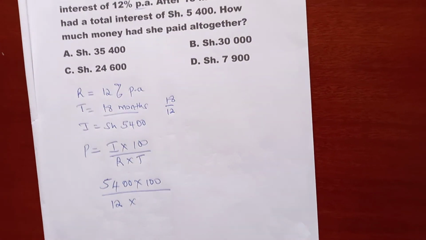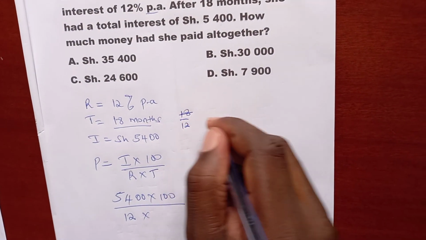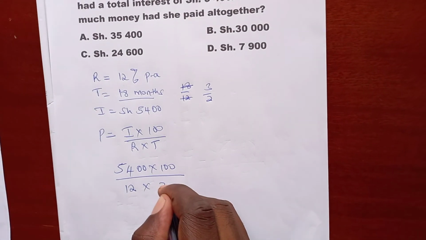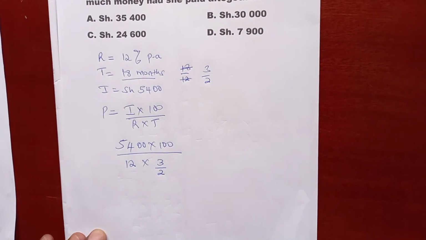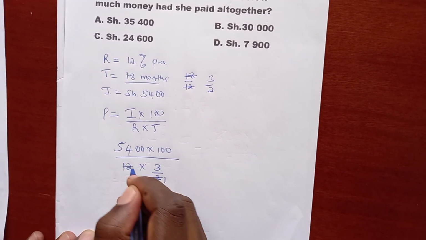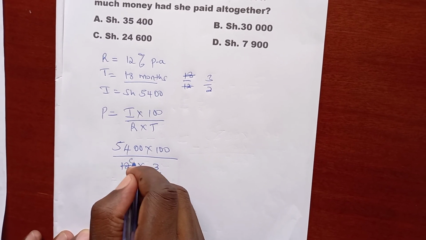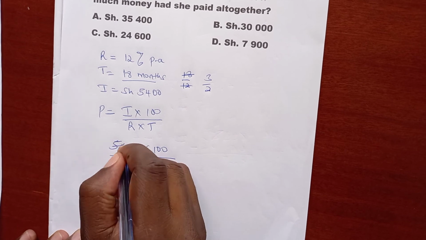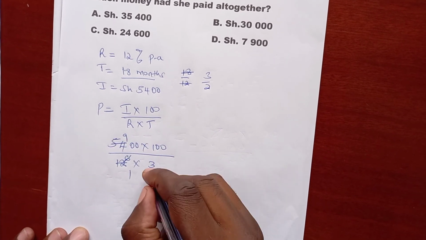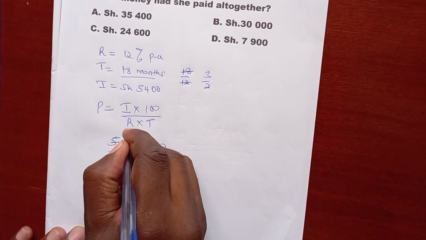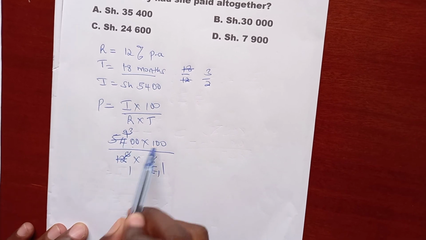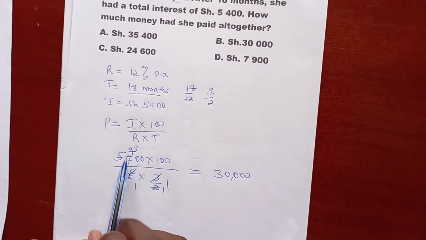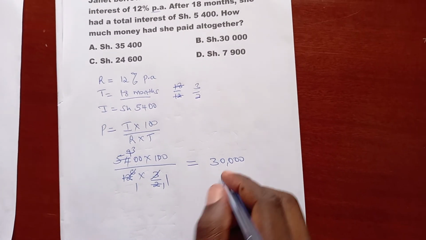You simplify where possible by 6: 18 by 6, 3; 12 by 6, 2. So it will be 3 over 2. Cancel where possible by 2. You continue by 6, by 3. You multiply 300 times 100, which gives you 30,000. This is our principal.